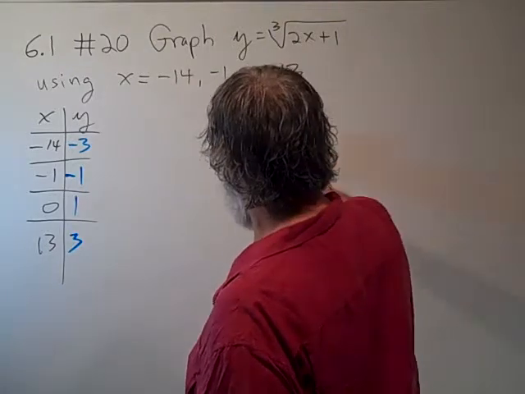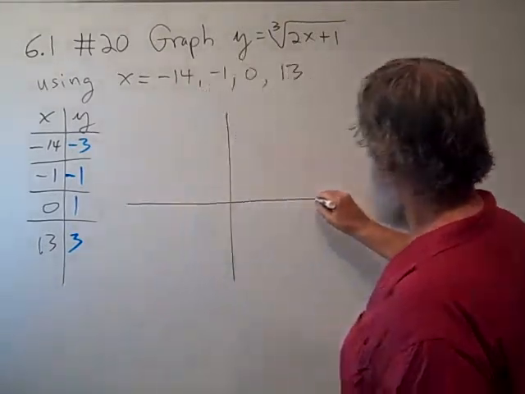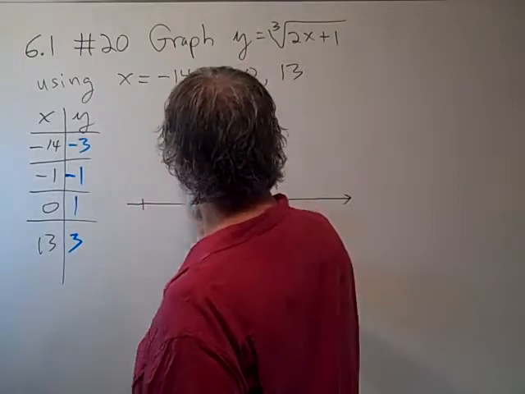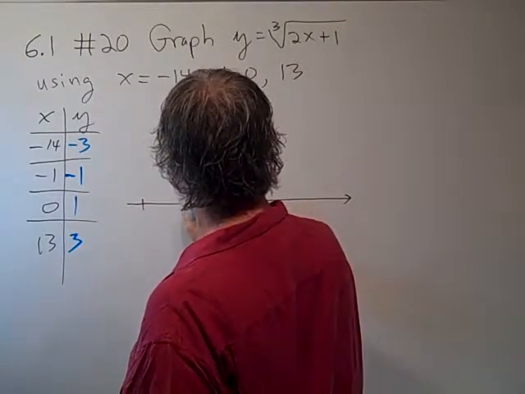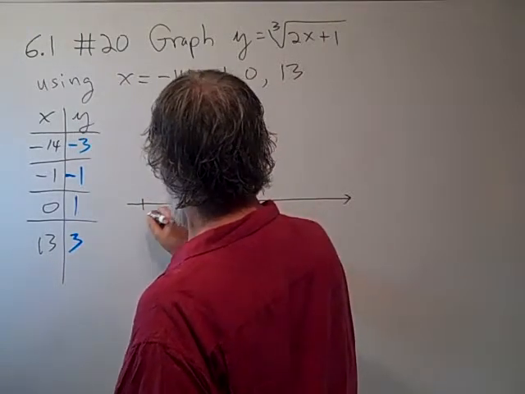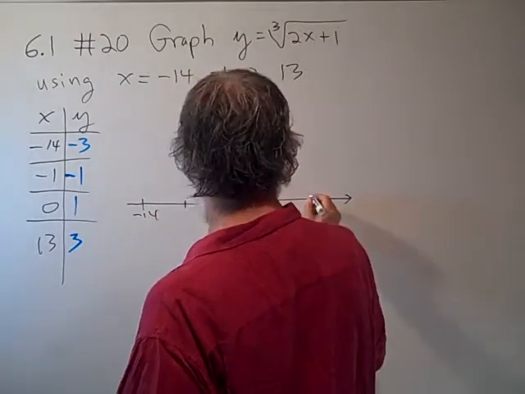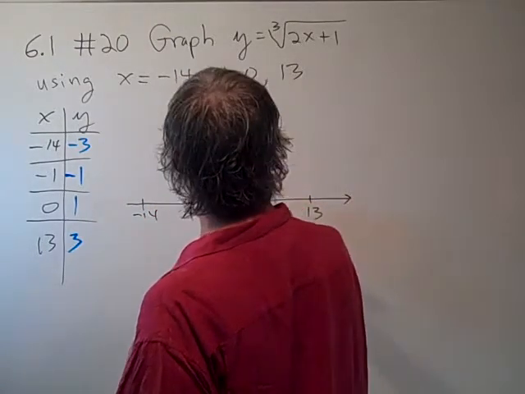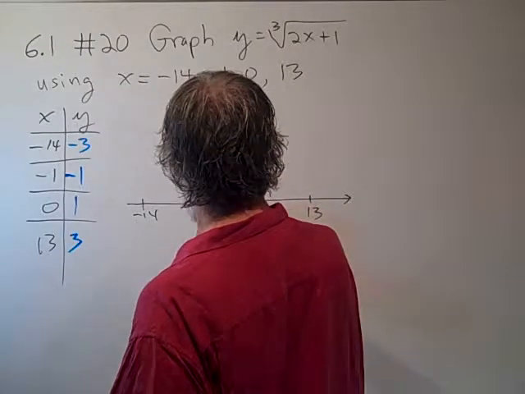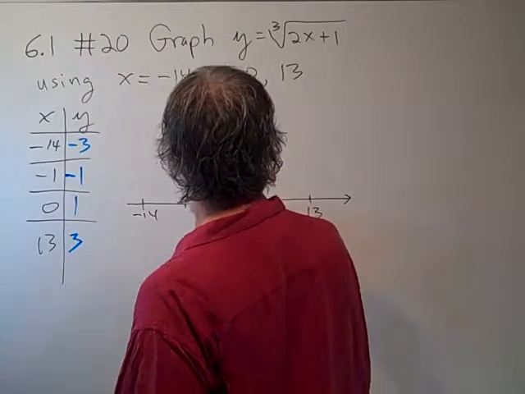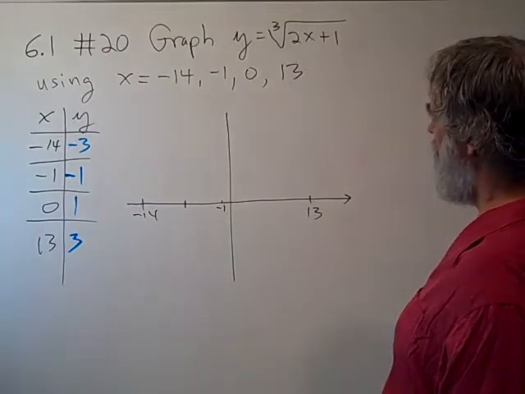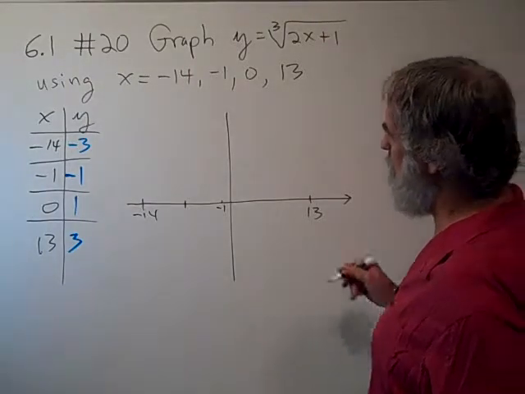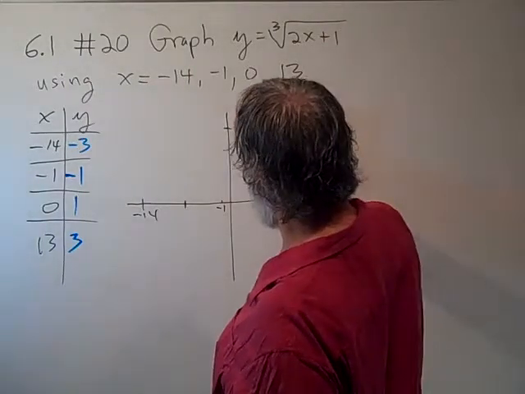Negative 14 to 13. So at these four values, at negative 14 we go to a height of negative 3.